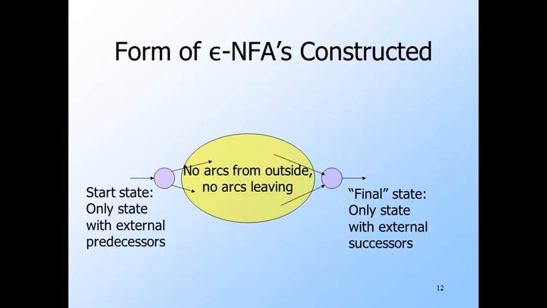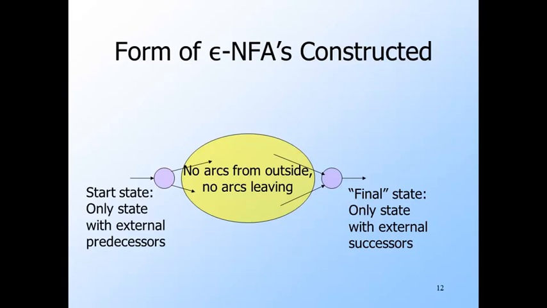The special form of epsilon NFA we construct is suggested by this sketch. There can be any number of states in the middle, but only one start state, as is true for any automaton, and only one final state, which is a restriction. More importantly, as we build larger automata from smaller ones, we never allow an arc into the middle or into the final state.